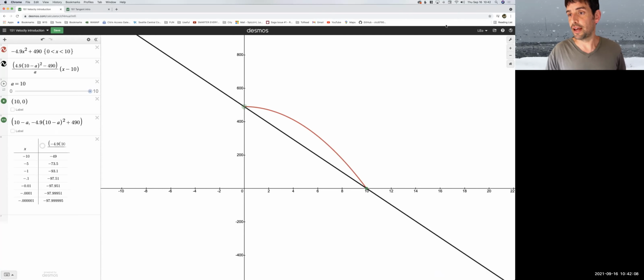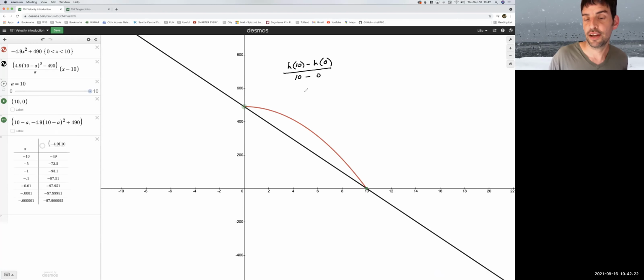So what I mean by that is, if we look at the first average speed we computed, right? We could think of this as computing the slope between the points 0, h of 10, and 10, h of 0, right?